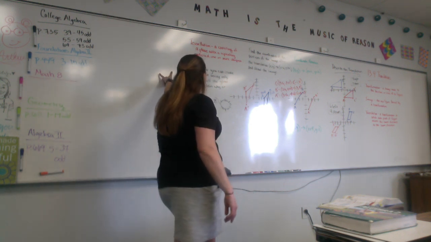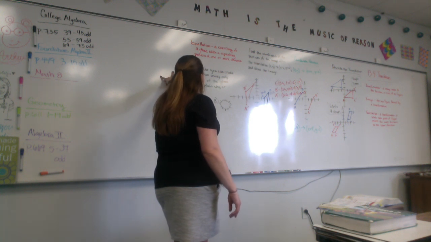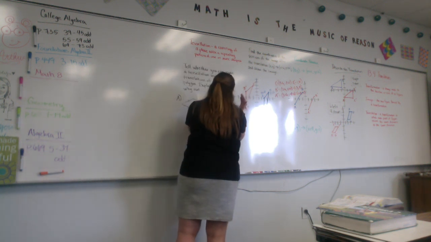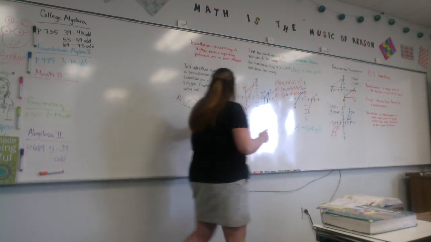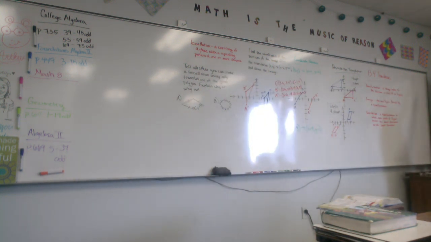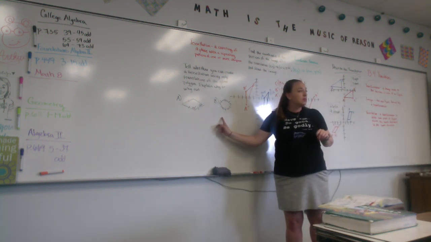Okay? So we have to be able to tell whether you can create a tessellation using only the given polygon. Meaning, I can only use this shape for this one. Like this shape here is up here in this one. Do you see that one right there? What shape is in between that tessellation? Square. So do you think I can create a tessellation off this shape without using other shapes?